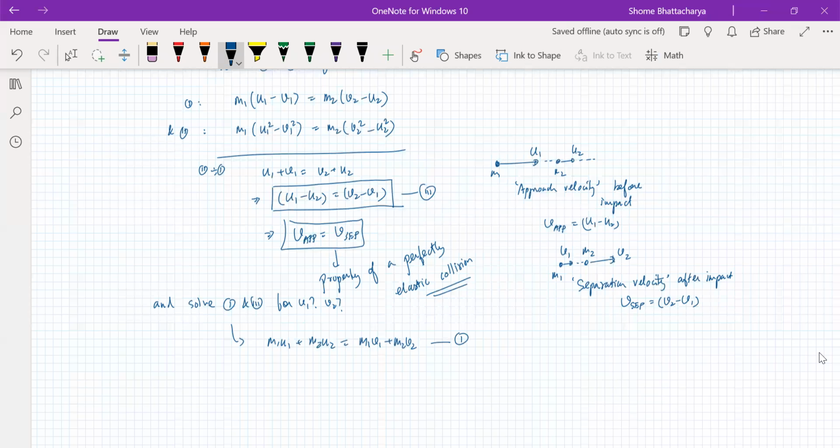And instead of the kinetic energy conservation, we can directly write the second equation, that approach velocity is equal to separation velocity, in a perfectly elastic collision. And then this is quite easy to solve, because it's just simultaneous equations.